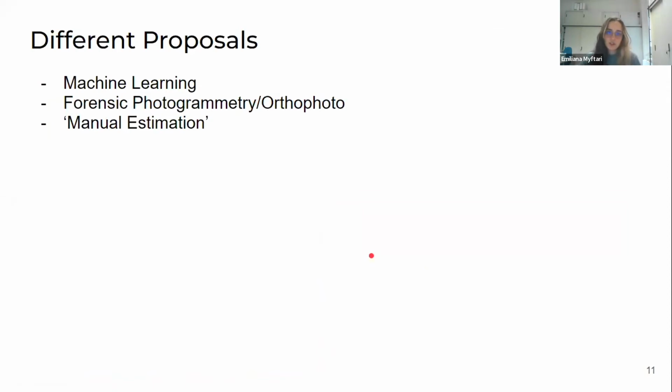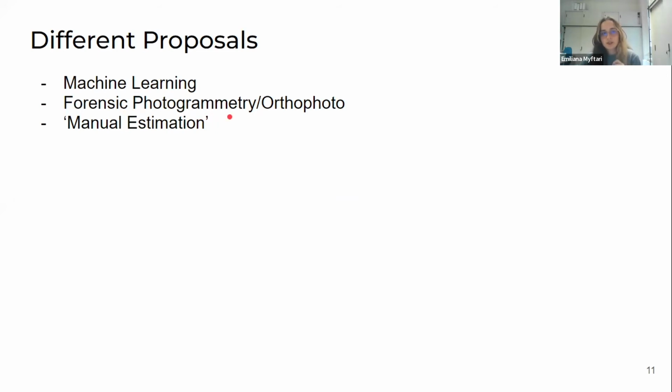We checked machine learning to use with the pictures, but actually we don't have so many pictures, so it was difficult to apply. And then we read some interesting papers about forensic photogrammetry in which they estimated the height of suspects from CCTV footage.